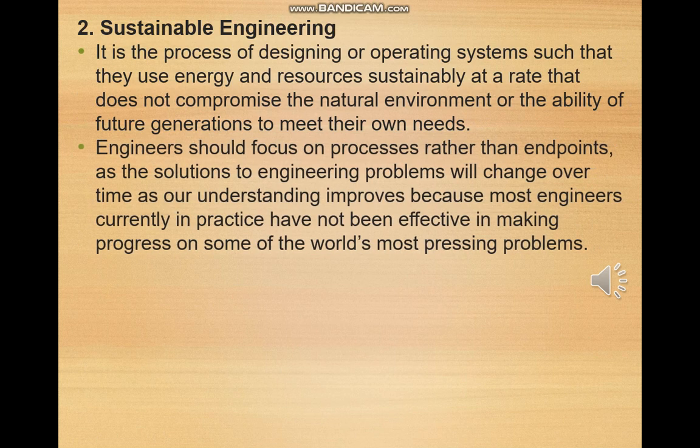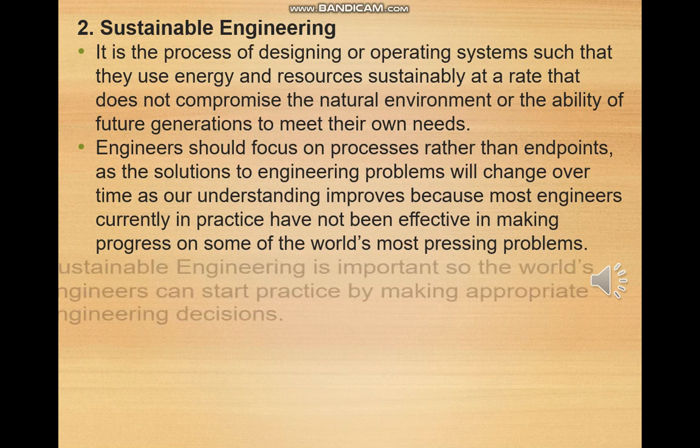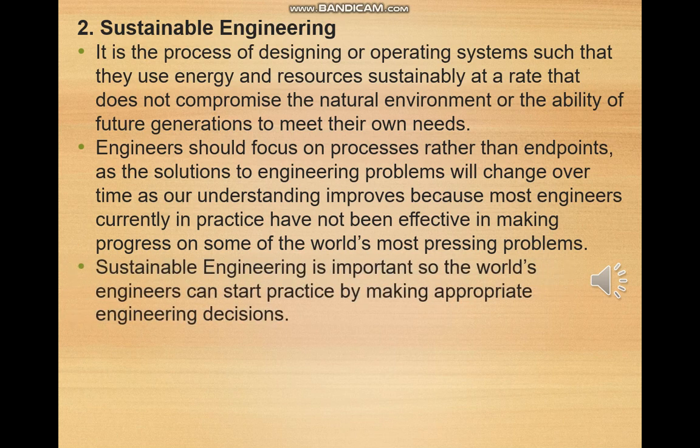Engineers should focus on processes rather than endpoints, as the solutions to engineering problems will change over time as our understanding improves, because most engineers currently in practice have not been effective in making progress on some of the world's most pressing problems. Sustainable engineering is important so the world's engineers can start practice by making appropriate engineering decisions.